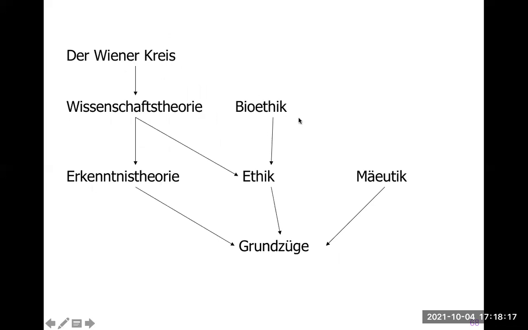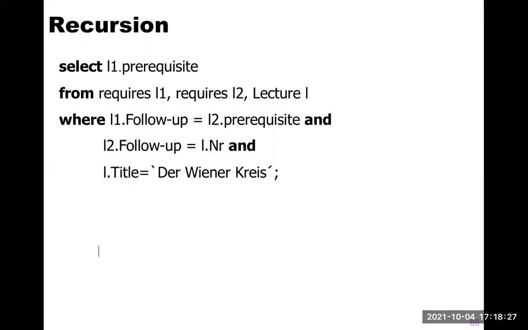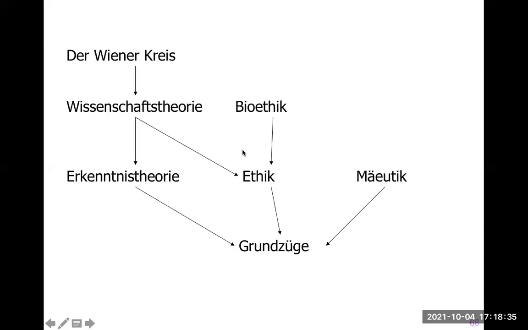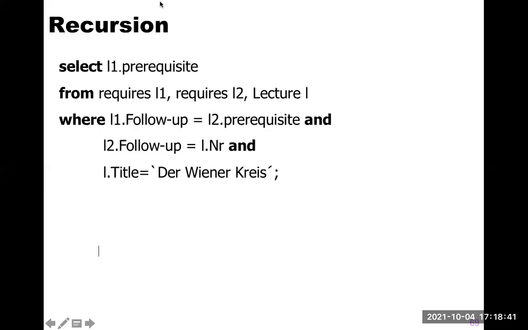To take bioethic, I need to take ethic first, and Grundzüge before ethic. So different paths that lead somewhere. This is not a recursion. That's just a join of two tables, and that's all. Using this query, I find this Wissenschaftstheorie.